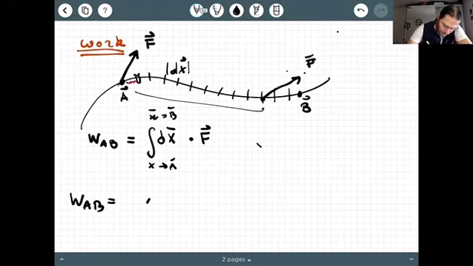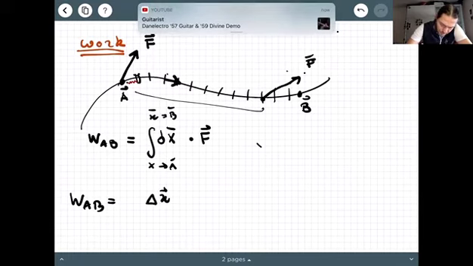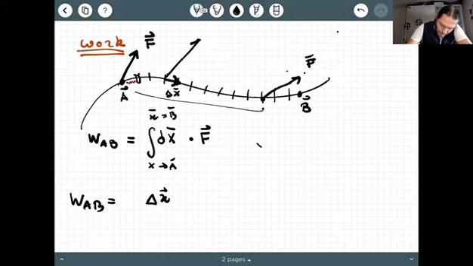I take each of these pieces and look at how much distance I have made, delta x. I'm using delta to remind myself these are in principle finite pieces. And I compute the inner product, or scalar product, between this displacement delta x and the force calculated at the beginning of this interval, in particular here.